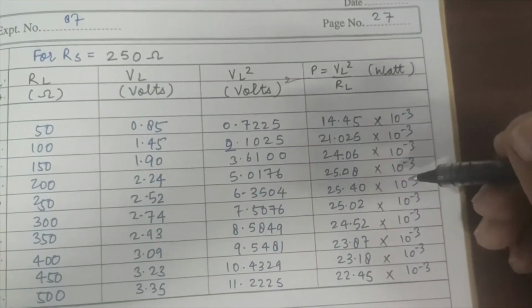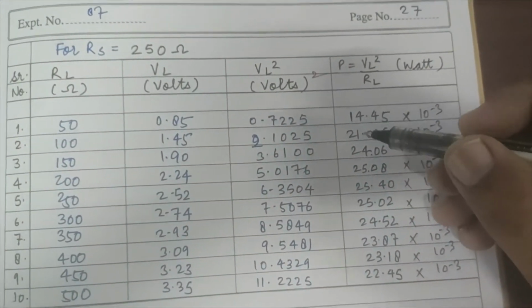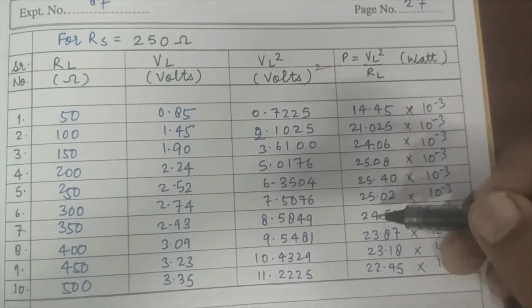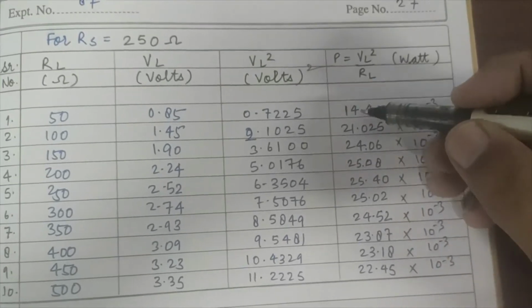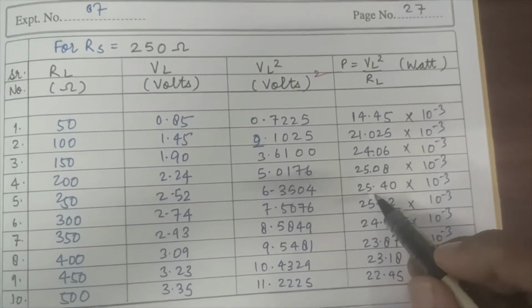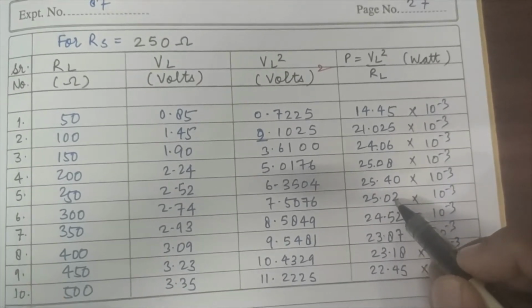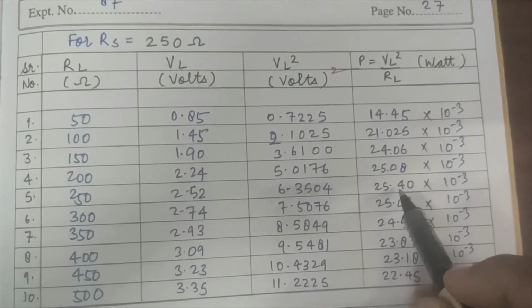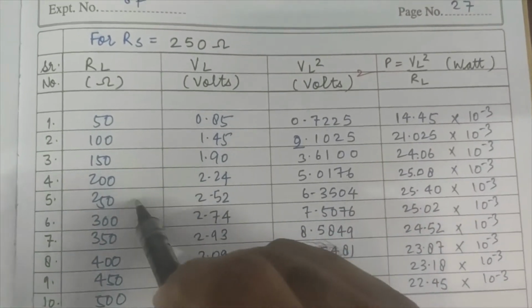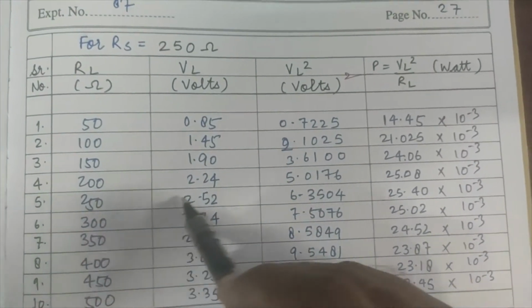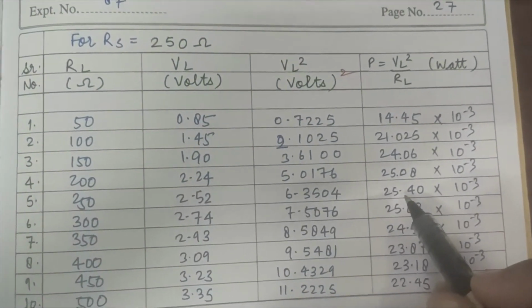You can see it increasing, and then at this point it is the maximum, 25.40, and then it decreases. The maximum value is at RL of 250. So when the value of RS is equal to RL, the power output is maximum.